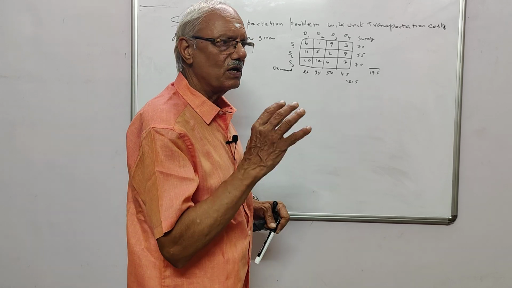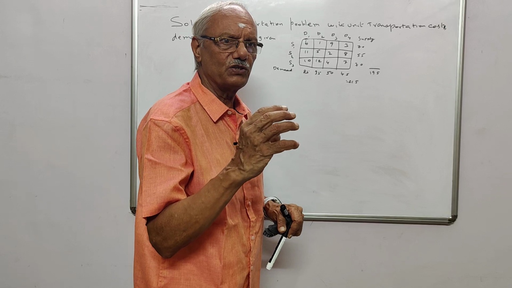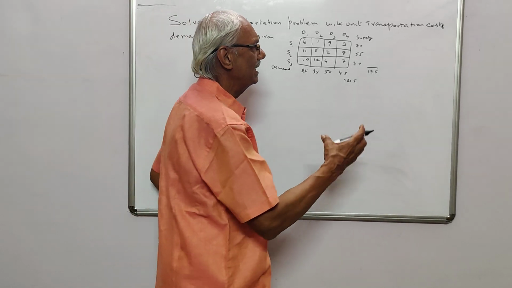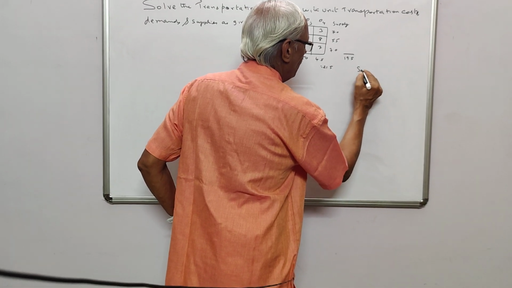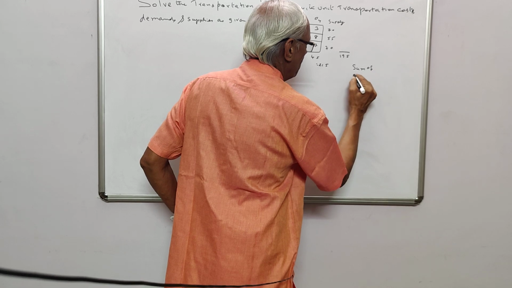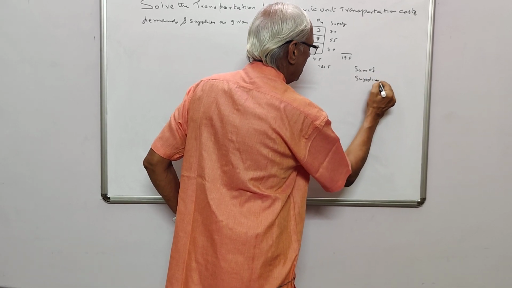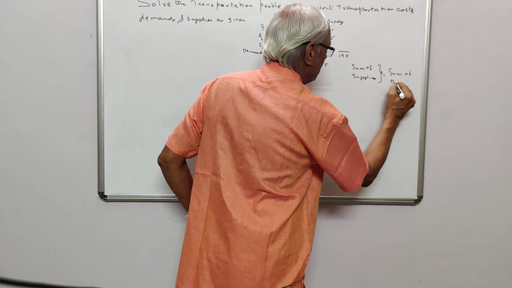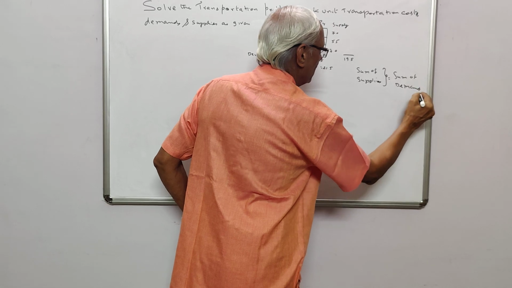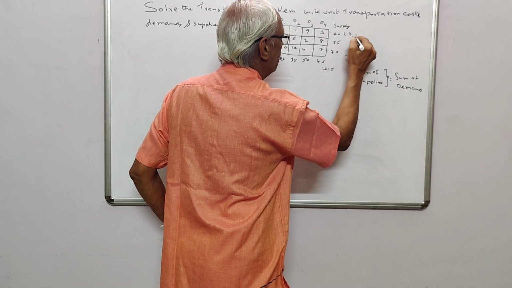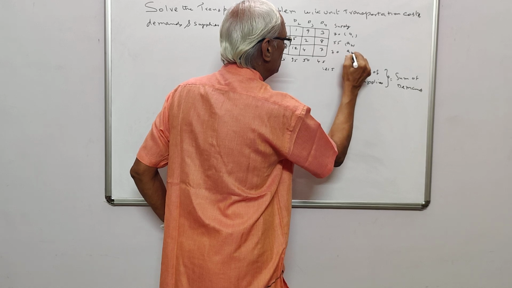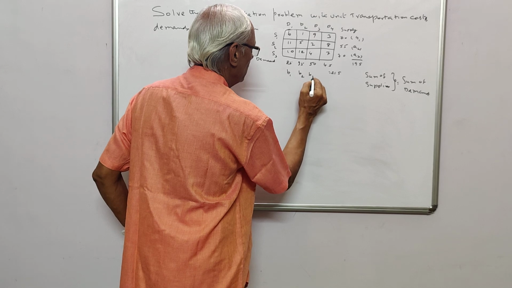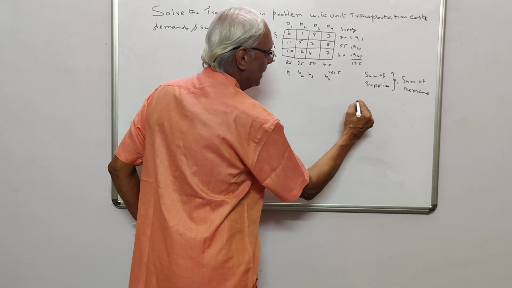Now we call such a problem of transportation an unbalanced transportation problem, in the sense that the sum of supplies is not equal to the sum of demands. Call the supplies A1, A2, A3 and the demands B1, B2, B3, B4.